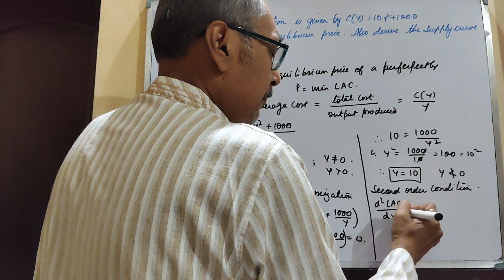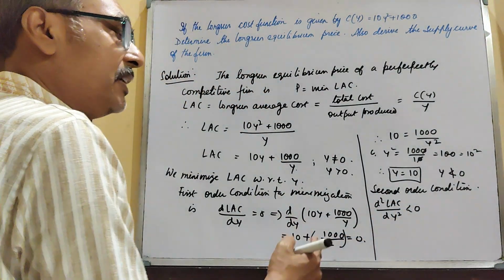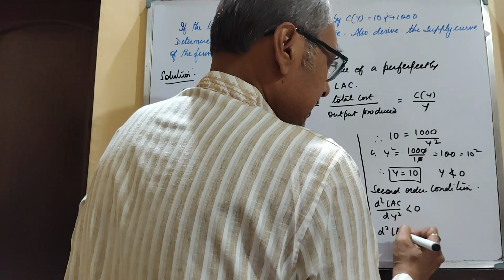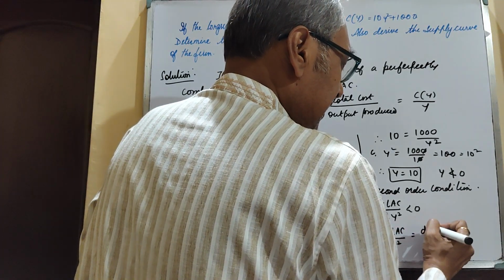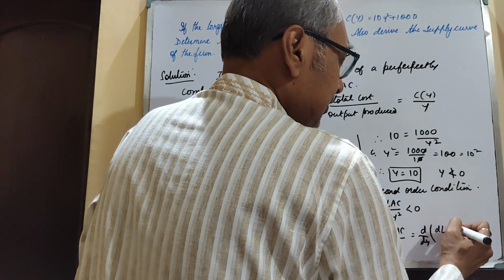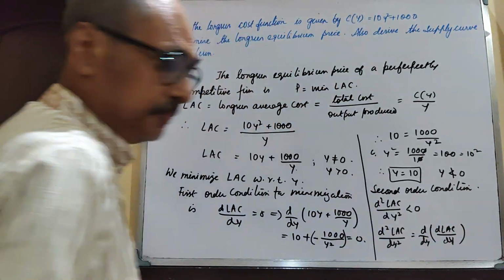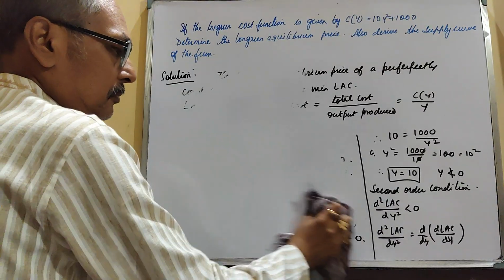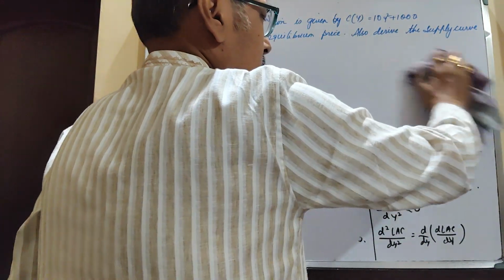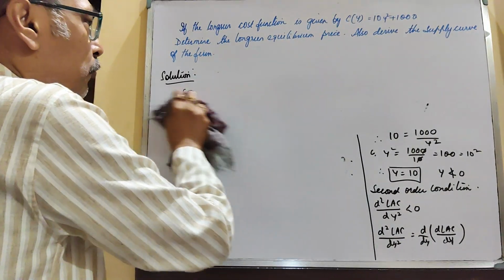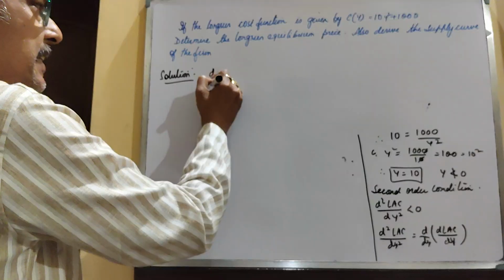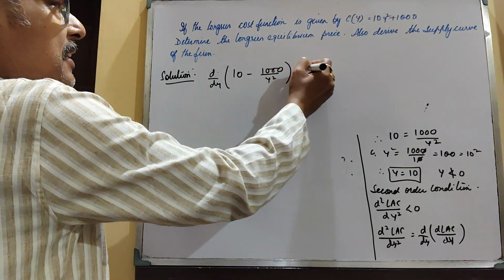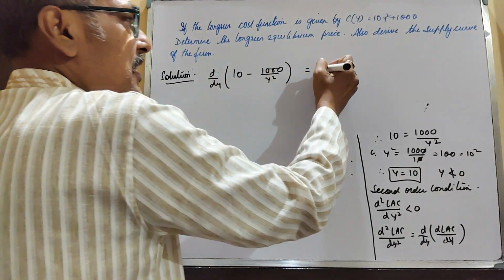The second order derivative of LAC, d2LAC by dy squared, should be positive for a minimum. This is dy of dLAC by dy, that is dy of 10 minus 1000 by y squared. 10 is a constant, therefore its differentiation is 0.